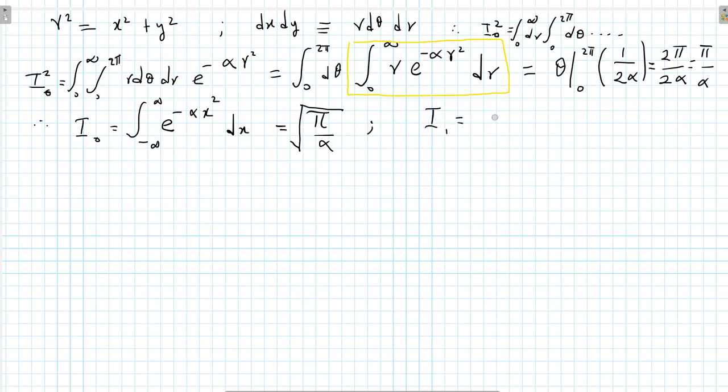Just to write it again, 0 to infinity, x e to the minus alpha x squared, the answer is 1 over 2 alpha. So we have these nice formulas, two of them, and one can use them to derive some other integration formulas in a very nice way.